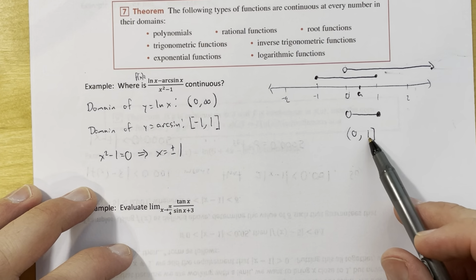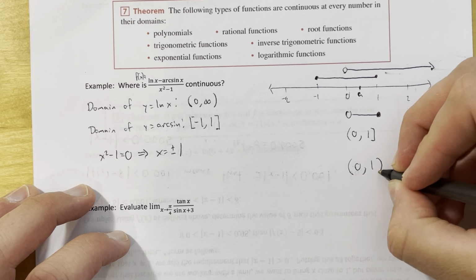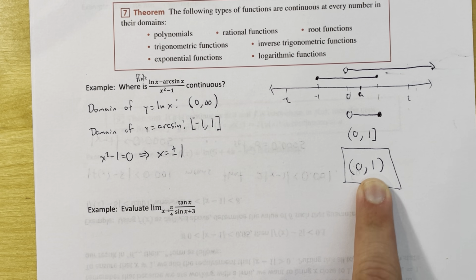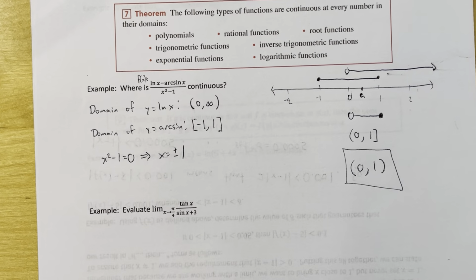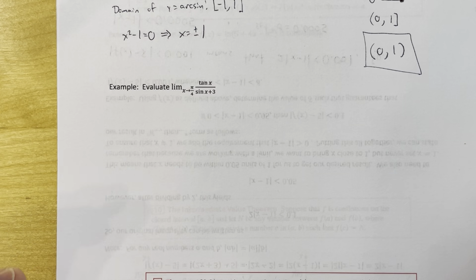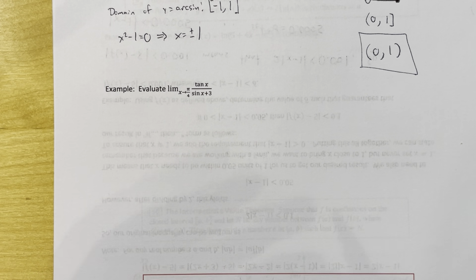We have to remove the 1 from this set, which means now we're looking at the open interval from 0 to 1. But this would be the interval on which this function is continuous using the theorems that we just talked about. Here's one more example, and then we'll stop this video and move on to the third video, which will wrap up this section.